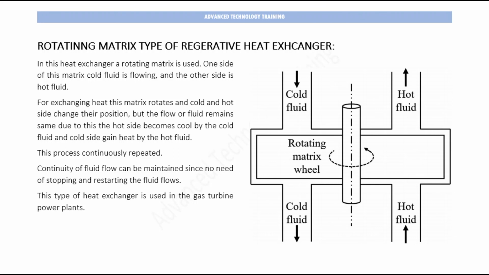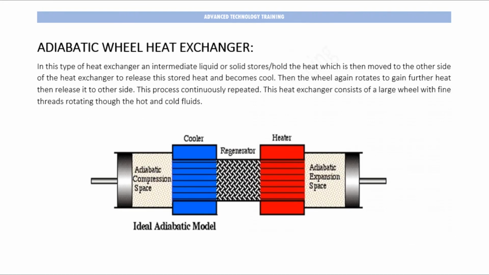For exchanging heat, this matrix rotates and the cold and hot sides change their position, but the flow of fluid remains the same. Due to this, the hot side becomes cool by the cold fluid, and the cold side gains heat from the hot fluid. This process is continuously repeated. Continuity of fluid flow can be maintained since there is no need of stopping and restarting the fluid flows. This type of heat exchanger is used in gas turbine power plants.